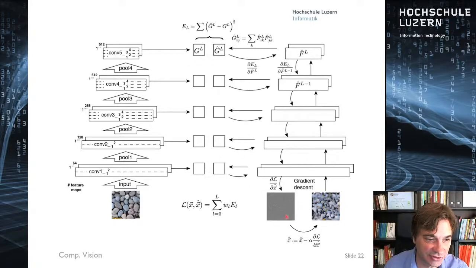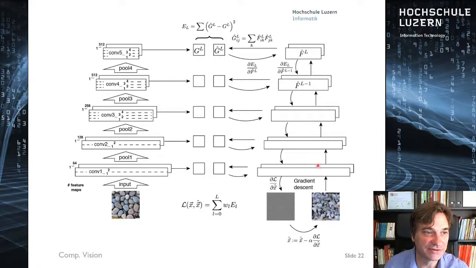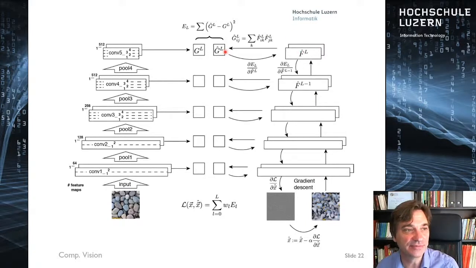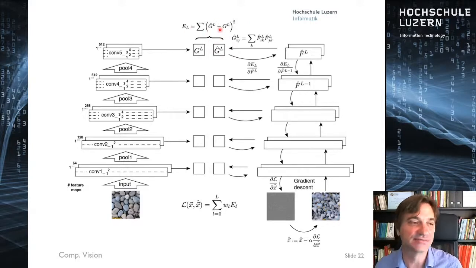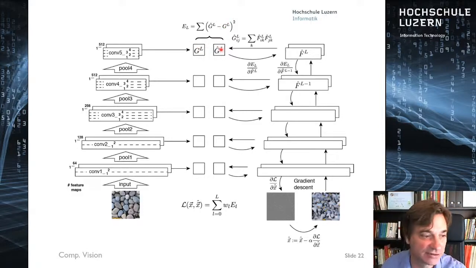Then from your noise image, or the image that you have at that stage, you also calculate the feature vectors and the gram matrices, and then you have your loss function, which is the differences between the two matrices, the original one and the one produced by your image.